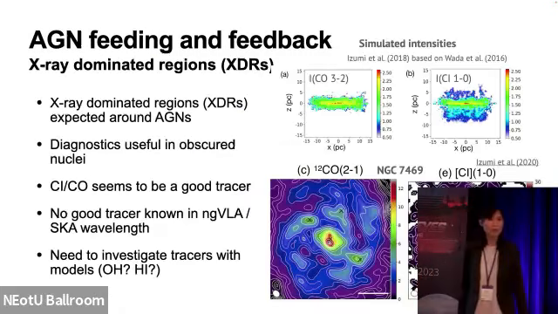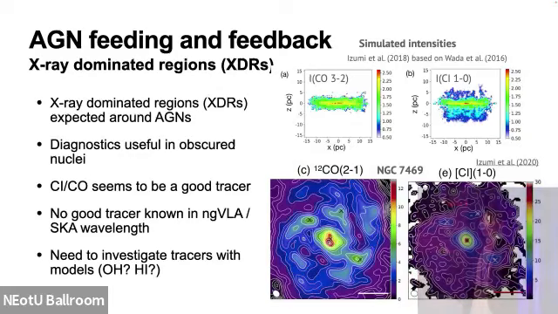Both simulation and observations have shown that atomic carbon over molecular carbon monoxide is a good tracer of X-ray dominated regions. But neither ngVLA or SKA can observe atomic carbon, so we probably need a good tracer to trace X-ray dominated regions, perhaps OH.